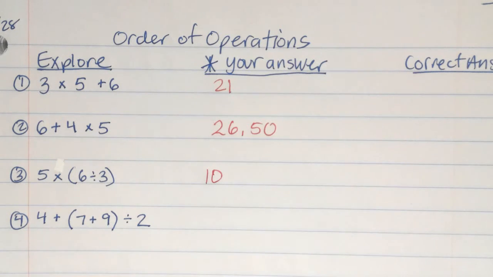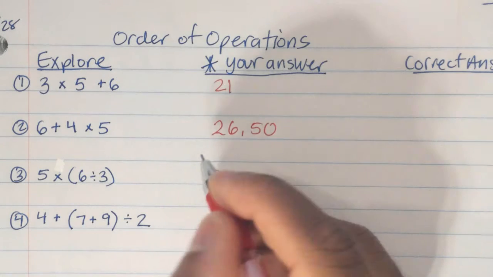What did y'all get for the last one, number 4? 4 plus 7, or in parentheses, 7 plus 9, close parentheses, divided by 2. Okay, what did y'all get for the very last one?